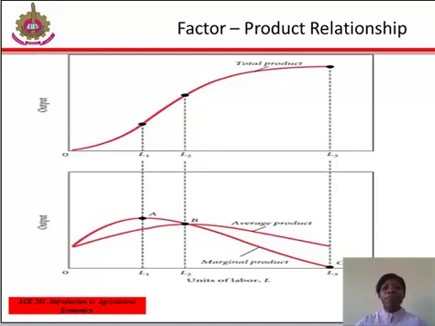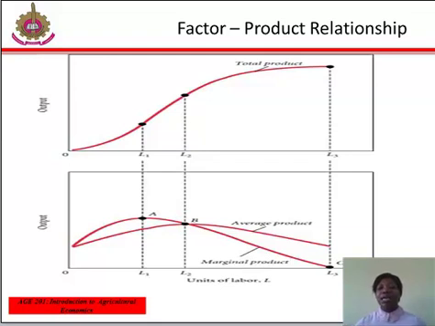The factor-product relationship is not true to life because production always involves more than one variable input in the short run, and all inputs are varied in the long run. It is only used for diagnostic purposes where one basic input is the limiting input, for example labor or capital in a developing economy.